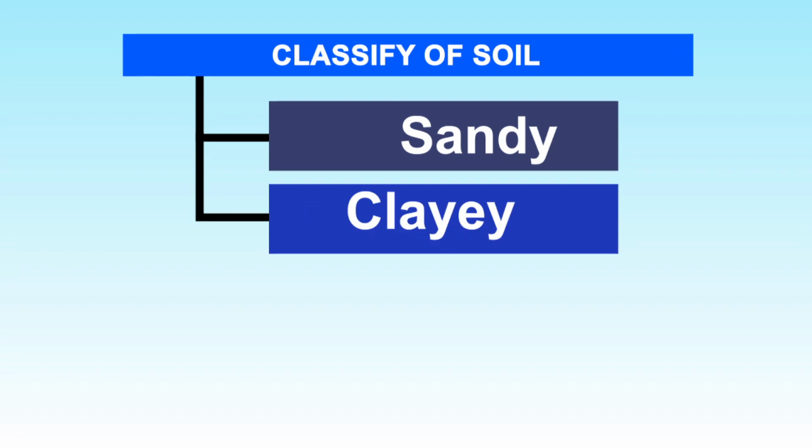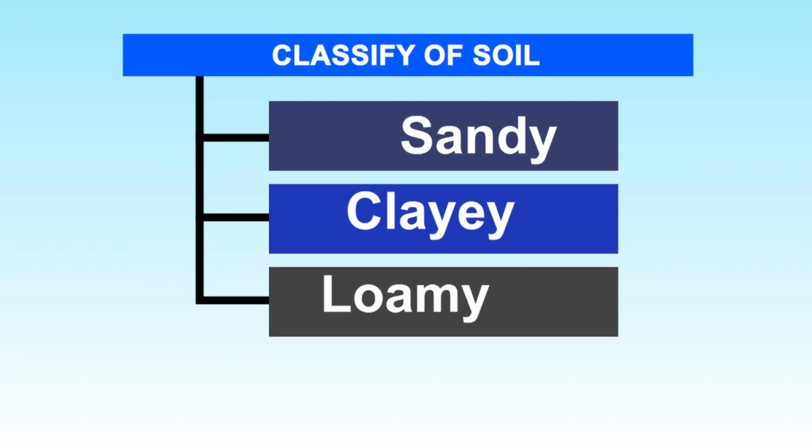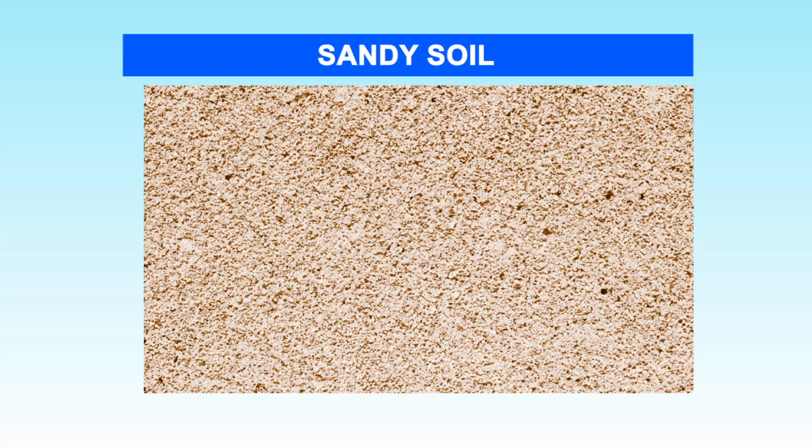The soil is classified on the basis of proportion of particles of various sizes. According to this, the soil can be classified as sandy, clayey or loamy soil. If soil contains greater proportion of big particles, it is called sandy soil.